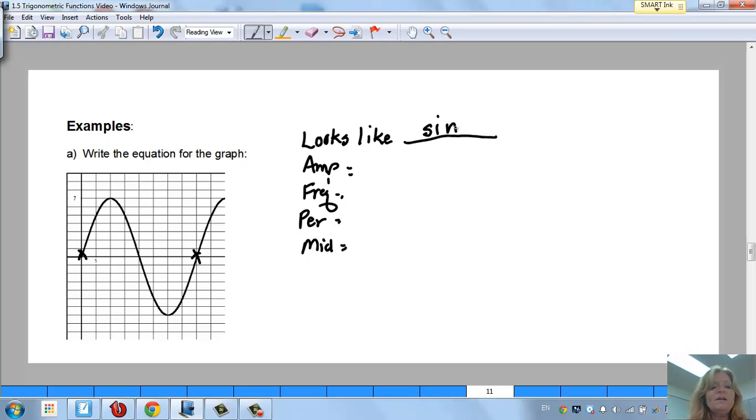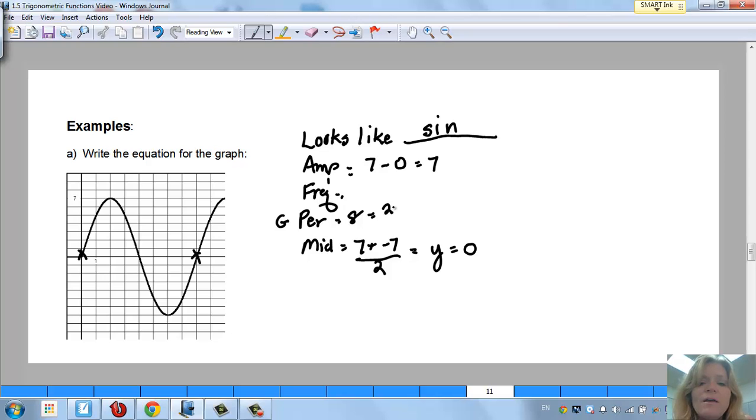First thing we do is the midline, so I do the high plus the low, which is 7 plus -7, divided by 2. It equals y equals 0. Okay, so there's my midline. Then I come up with the amplitude, which is high minus my midline, or 7. Because it's a graph, I can do my period first, and I go over here and count, and my period is 8, which is equal to 2 pi over my frequency.